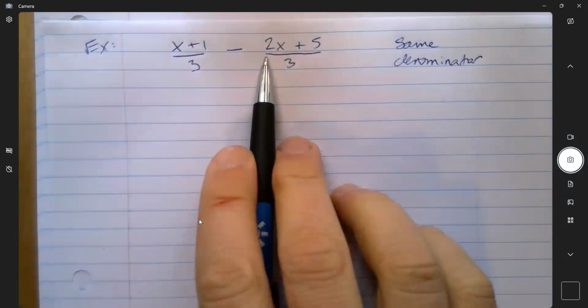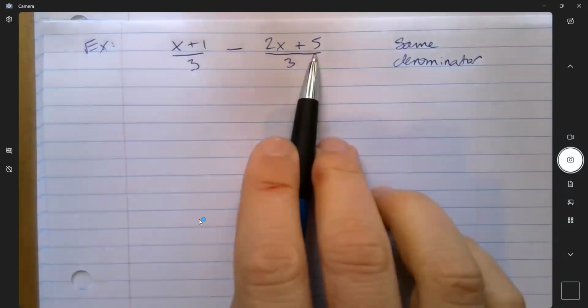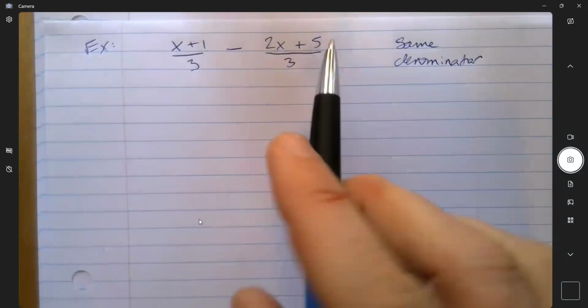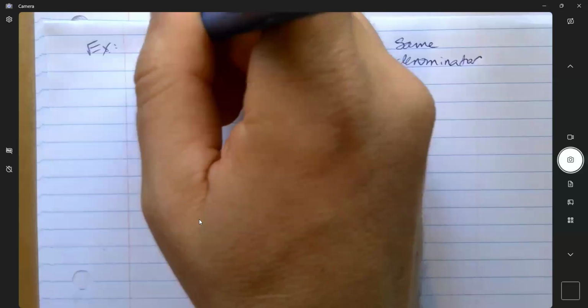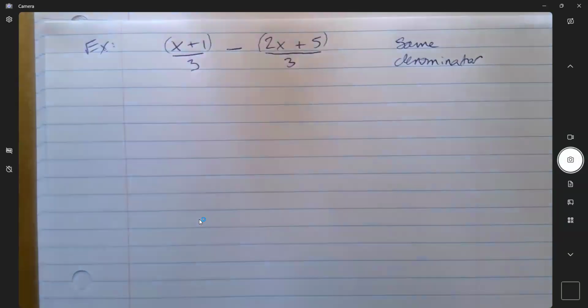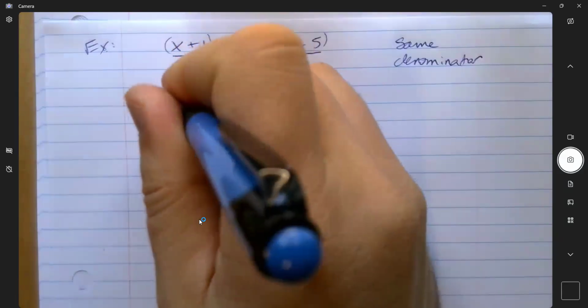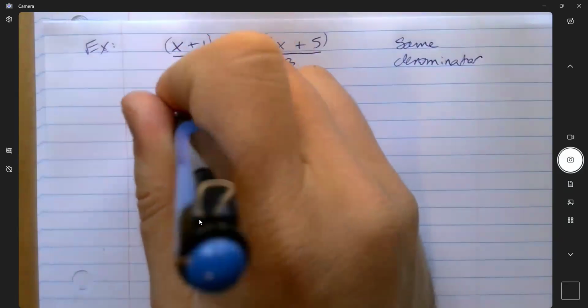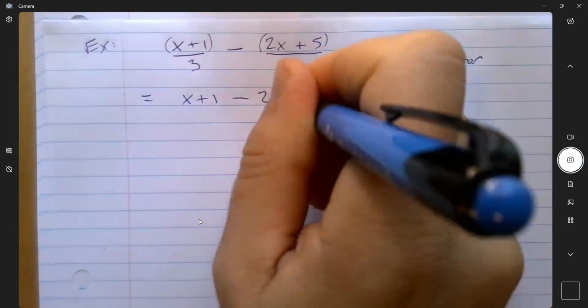But what's hiding in this fraction, if you think way back to my PEMDAS, is that when you have a division sign, there's a parentheses around the top. It's actually around both of them. The one at the front's not so important for this example, but the one at the back is super important.